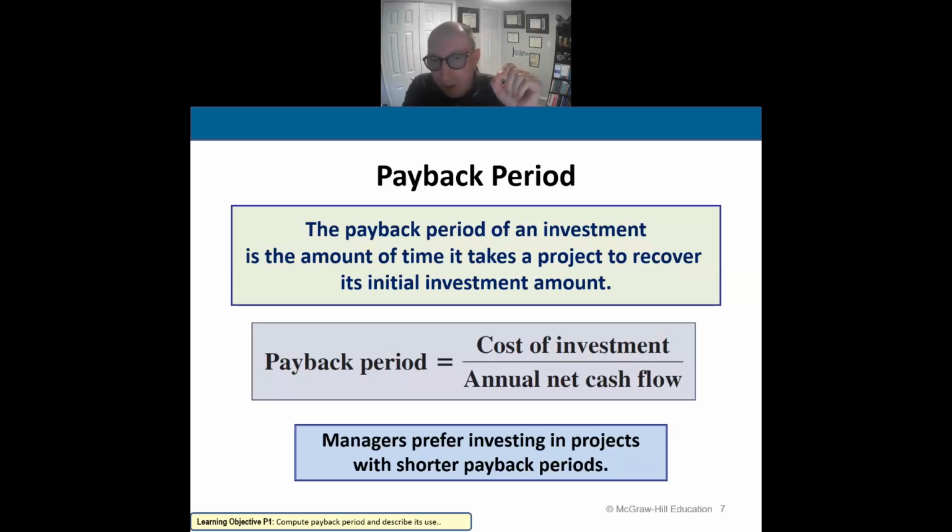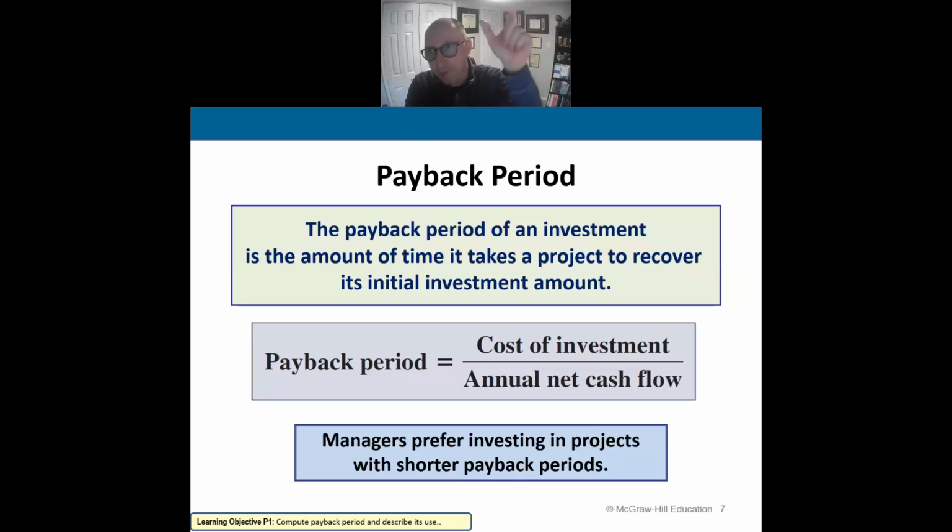Remember, net cash flow is calculated by taking the cash inflow minus the cash outflow. Cash inflow, cash in, minus cash out equals net cash flow.